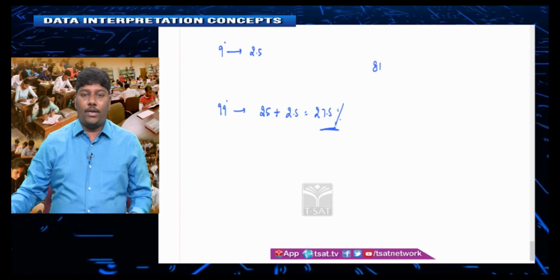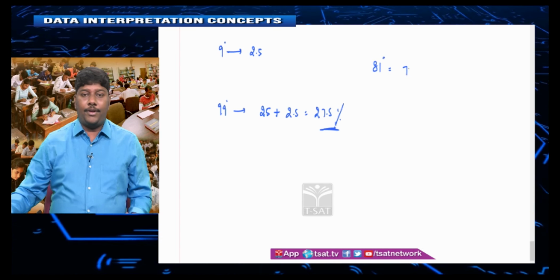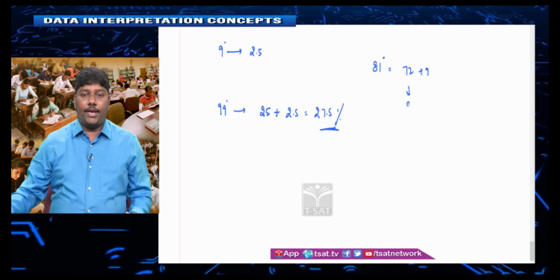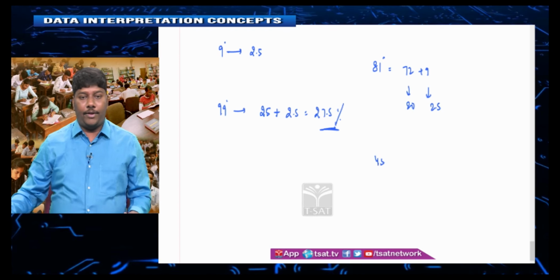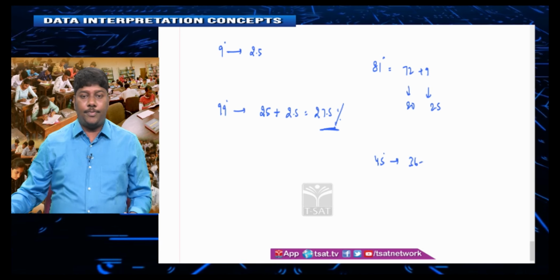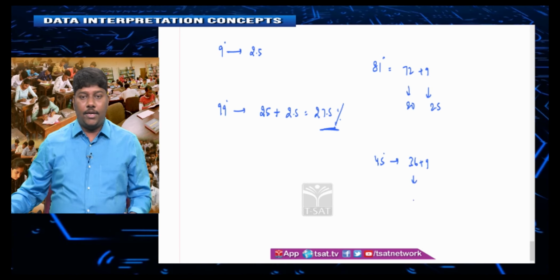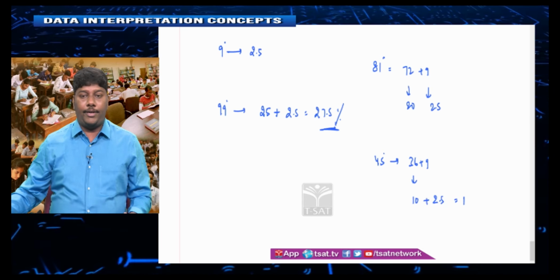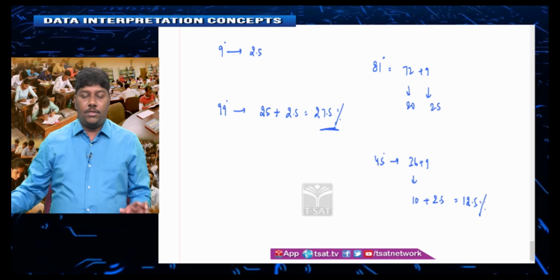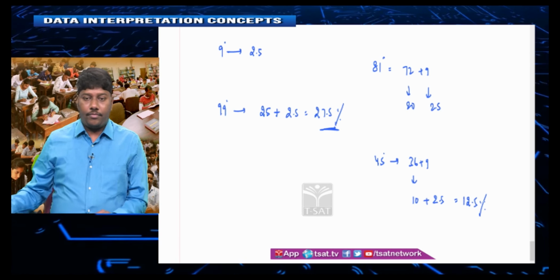If I have 81 degrees, you can say 72 plus 9, 72 is 20, 9 is 2.5, therefore 22.5. If I have 45 degrees, you can say 36 plus 9, 36 is 10, 9 is 2.5, therefore it becomes 12.5%. So this is how you convert the data.